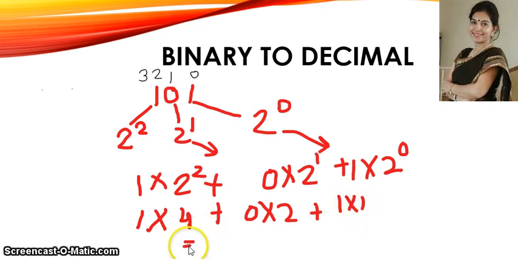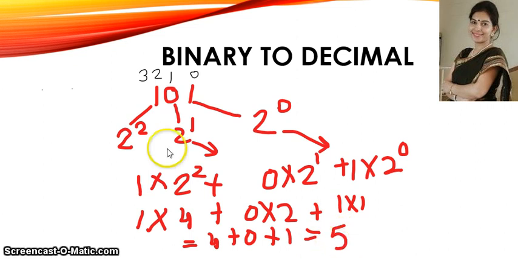So it comes out to be 4 plus 0 plus 1 is equal to 5. So 101, it is a binary number, its equivalent in decimal number is 5.